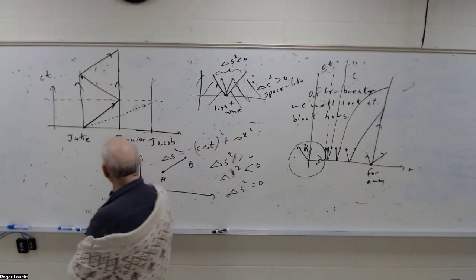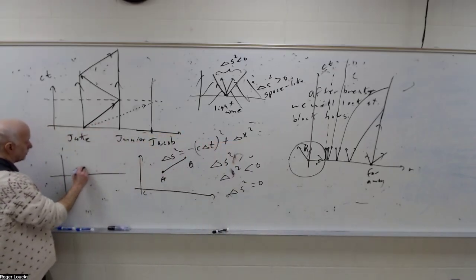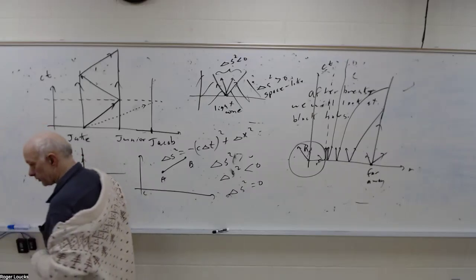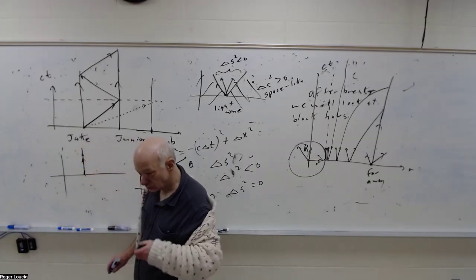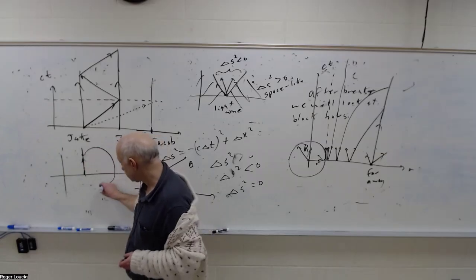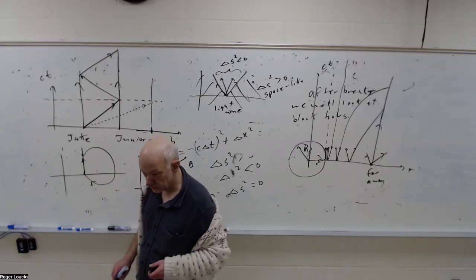So here we are minding our own business like this, right? We hop in a time machine here, and where do we want to go? We want to go back here. So what do you have to do? Somehow you have to go like this. That's what you have to do.